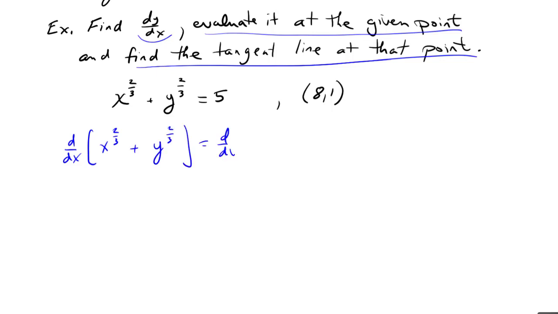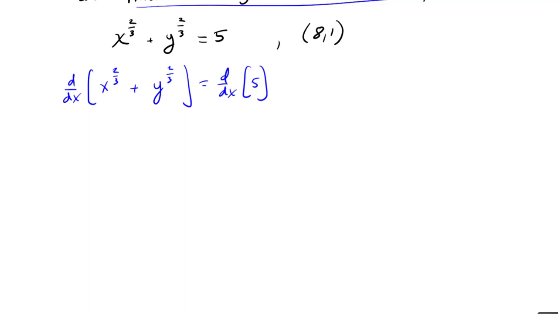So take the derivative, both sides, with respect to x. All right, on the left-hand side, the derivative with respect to x of x to the 2/3 is 2/3 x to the 2/3 minus 3/3, which is minus 1/3. Plus the derivative of y to the 2/3 is 2/3 y to the minus 1/3 times, by the chain rule, dy/dx, equals 0.